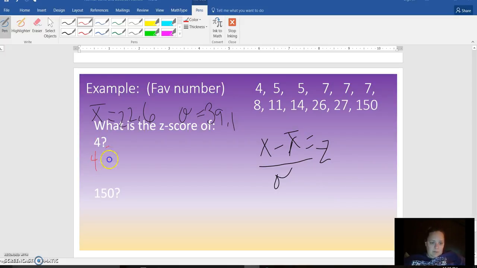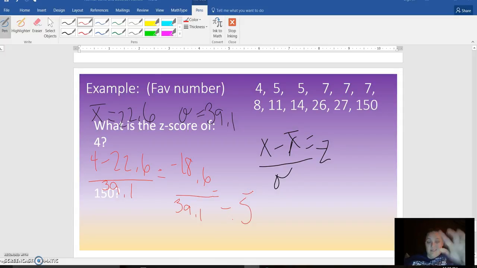Right, 4 minus 22.6 over 39.1. 4 minus 22.6, negative 18.6, divided by 39.1. Negative 0.5. That's only half of a standard deviation below the mean, because it's in the negative, and so you need to say the negative.